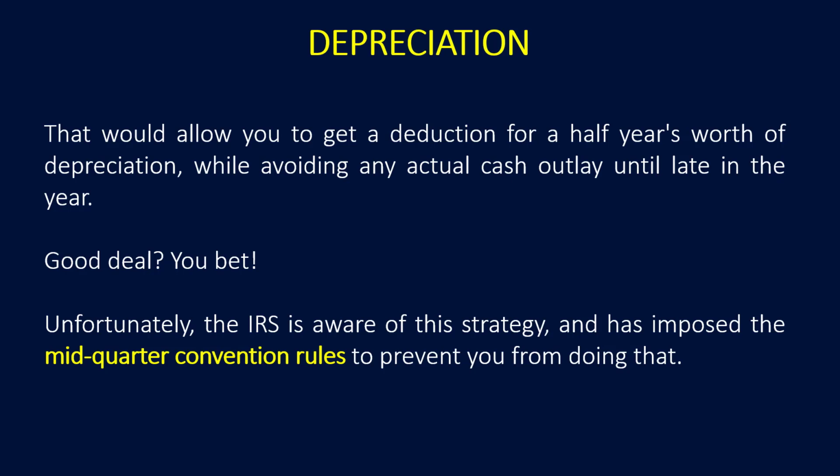Well, that would allow you to get a deduction for a half year's worth of depreciation while avoiding any actual cash outlay for your depreciable assets until late in the year. Good deal? You bet it is. But unfortunately, the IRS is aware of this strategy, and they've imposed what they call the mid-quarter convention rules to prevent you from doing just this.